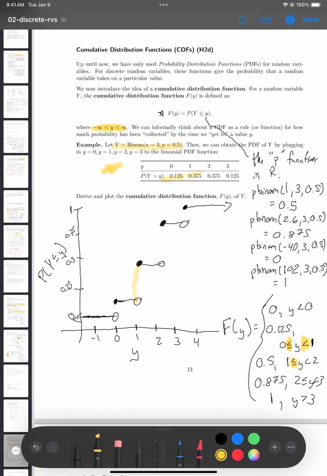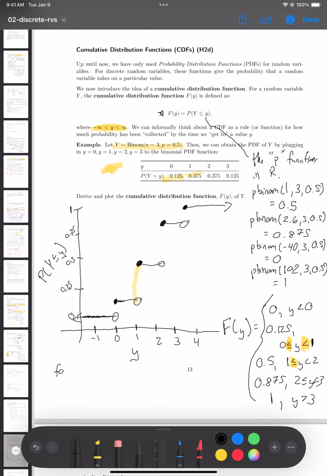And so that's why on the left part of the inequalities, we have a less than or equal to sign, but on the right, we have a less than sign. Okay, so that's our CDF, both graphically and in function form.